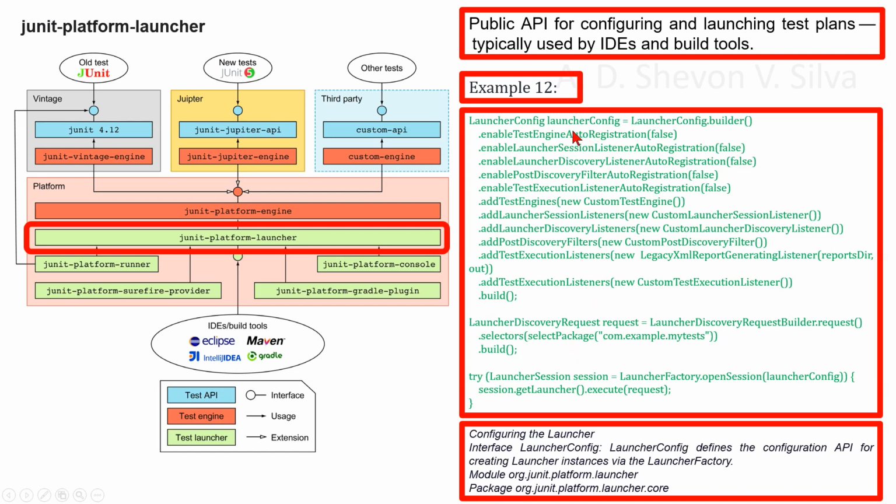Here, LauncherConfig.builder creates a new LauncherConfig builder. Here the method enableTestEngineAutoRegistration in the LauncherConfig.Builder class configures the auto registration flag for test engines.